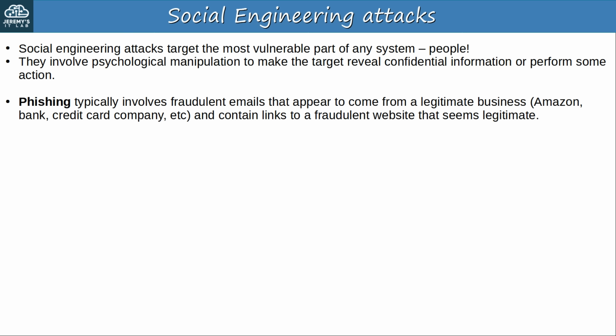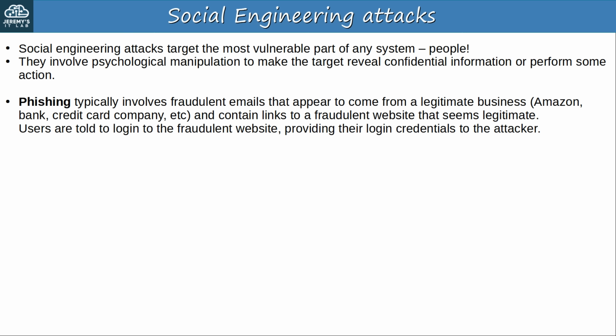Phishing involves fraudulent emails that appear to come from a legitimate business, maybe Amazon, your bank, or your credit card company, for example. These emails contain links to a fraudulent website that seems legitimate. For example, the website may look identical to the real login page of your bank's website.